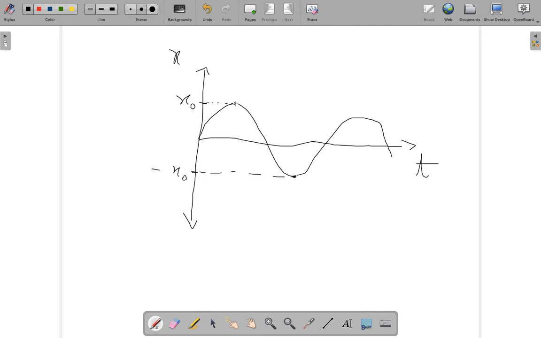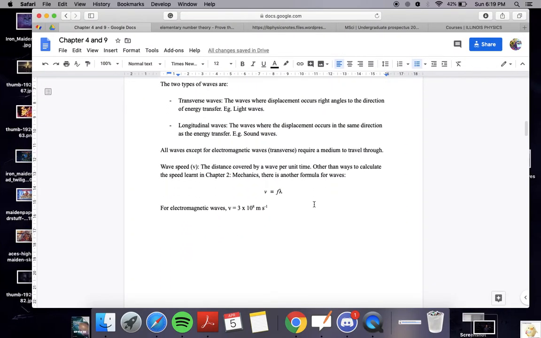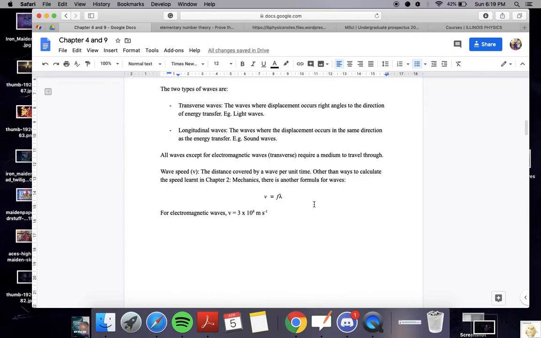Now the wavelength will be the length from here, one crest, to here, another crest. This is the wavelength. Okay. Now we have two types of waves. They are transverse waves and longitudinal waves.